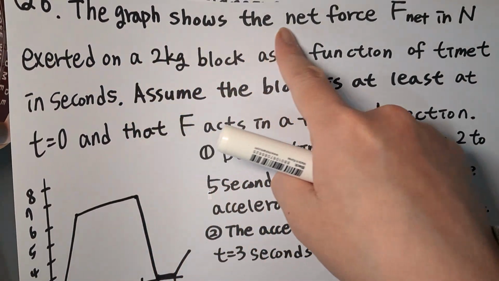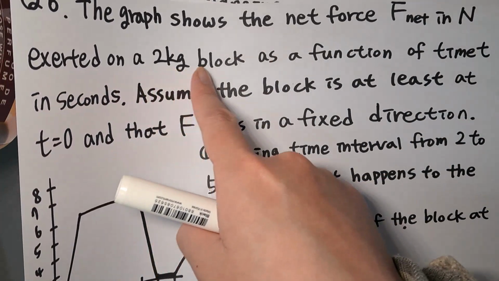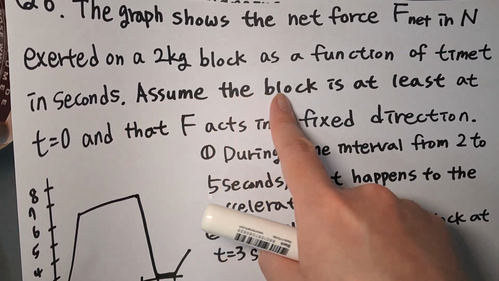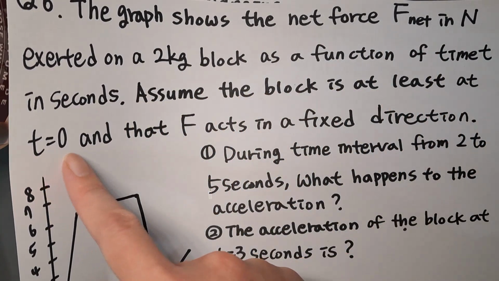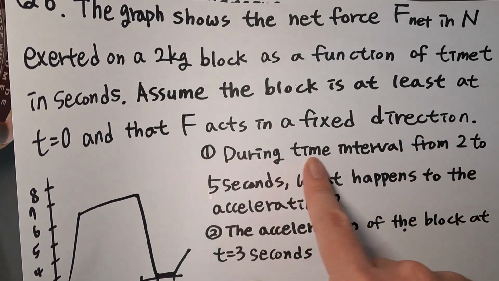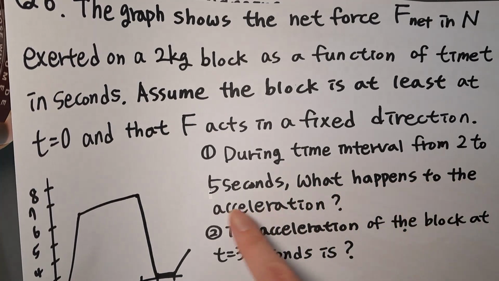The graph shows the net force in Newtons exerted on a 2 kg block as a function of time t in seconds. Assume the block is at rest at time 0 and that the force acts in a fixed direction. During the time interval from 2 to 5 seconds, what happens to the acceleration?